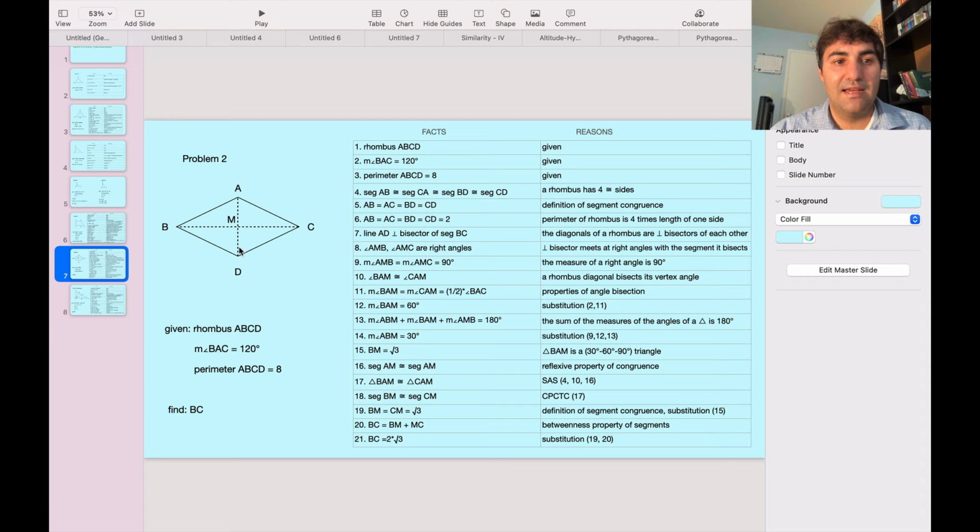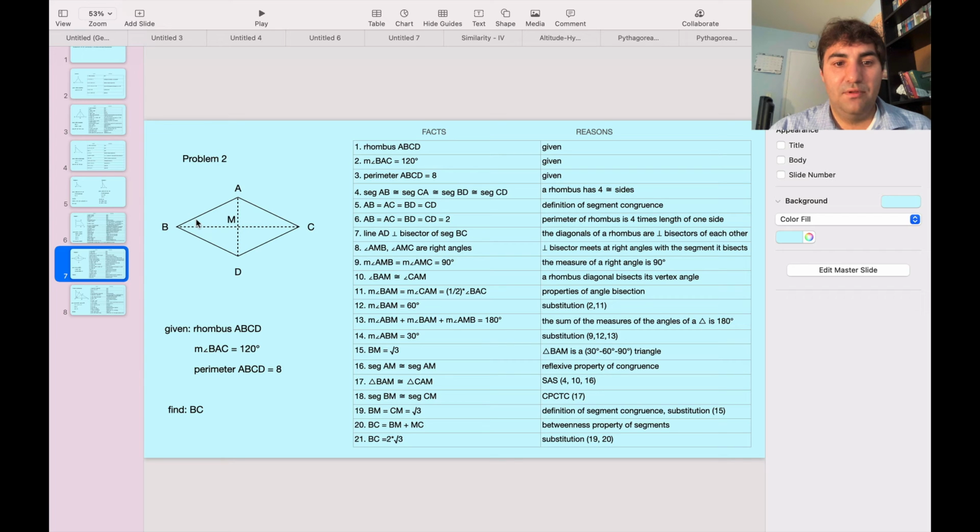Because this diagonal bisects the larger angle A. And we know that the measure of each of these angles is going to be 1/2 of the full angle. So 1/2 times 120 is 60. So the measure of angle BAM is 60. So we have a 90, 60, and this has to be 30.